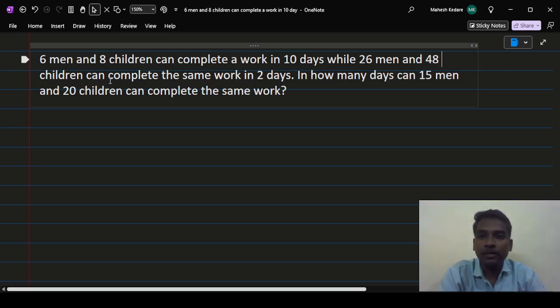In this problem, it is obvious that men will do work faster than the children. So the key idea in the present problem is the rate of doing work. A man will do work at a faster rate compared to the children.